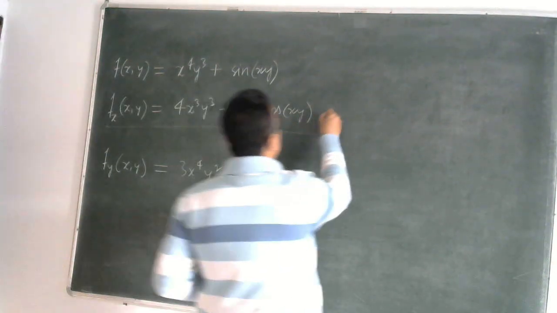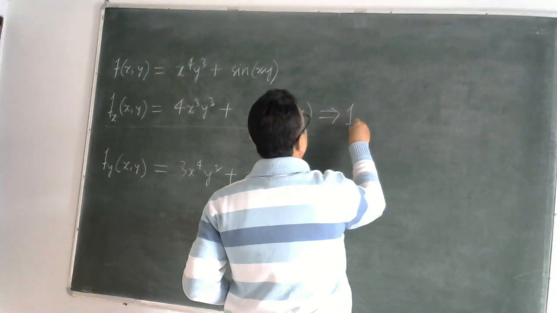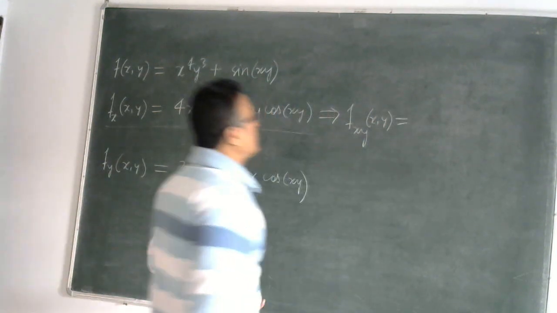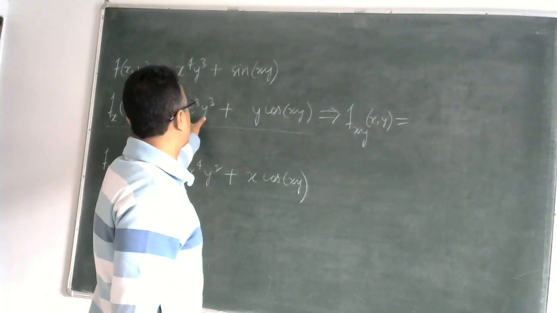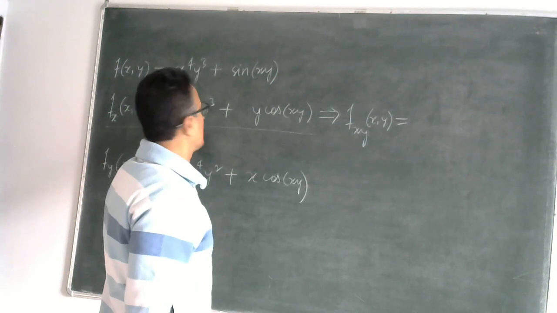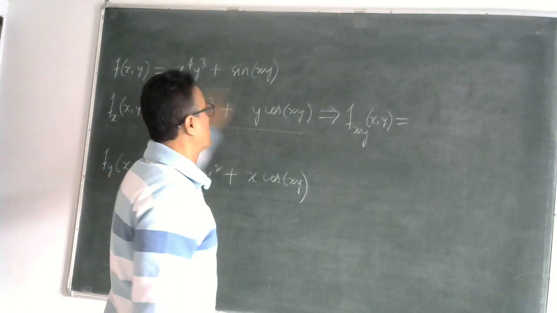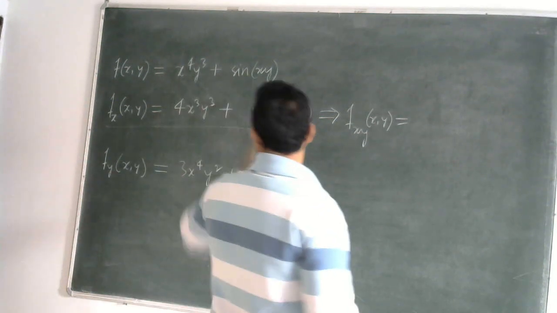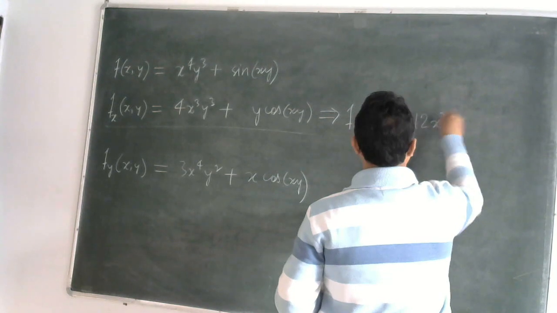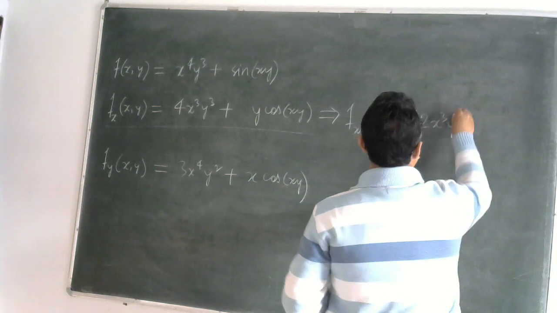For this, I am going to write it as f_xy. The first function, I am keeping x as constant because I am partially differentiating with respect to y, so this is going to give me 12x cubed y squared.